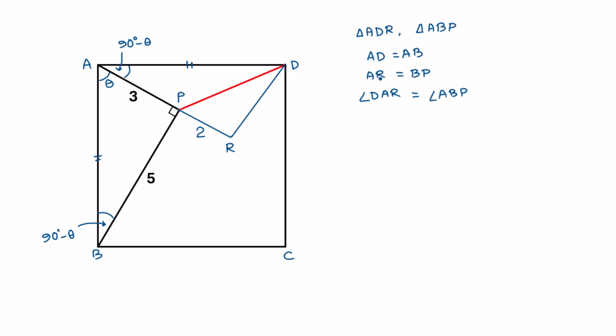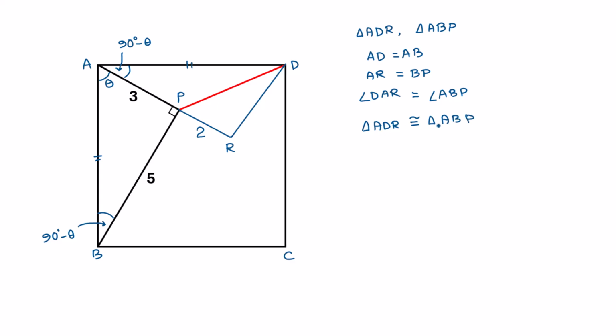As the side length AD is equal to AB, AR is equal to BP, and one of the angles is the same, so these two triangles are congruent. That means triangle ADR is congruent to this triangle ABP.